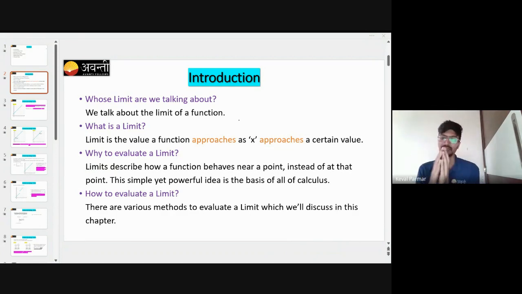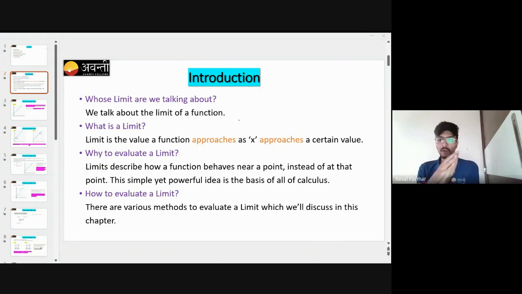We start from the functions chapter, then we move on to limits, continue to differentiability, and then further calculus. The meaning of all these chapters is to evaluate how a function behaves, whether the function is increasing, decreasing, continuous, discontinuous, whether there is a break in between or not, and so on. In that, the first step is limits.